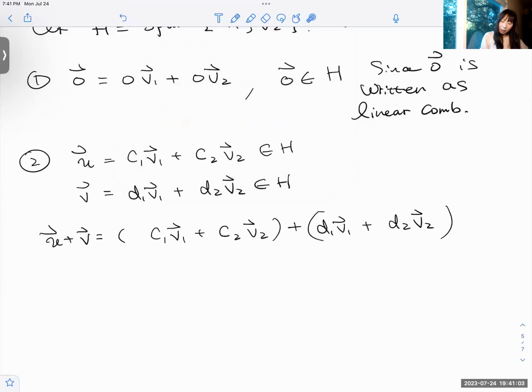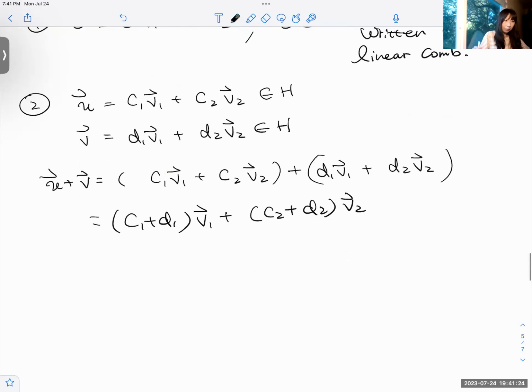Okay, so I can arrange C plus D. We can arrange this as C1 plus D1 with a vector V1, and C2 plus D2 with a vector V2, right?